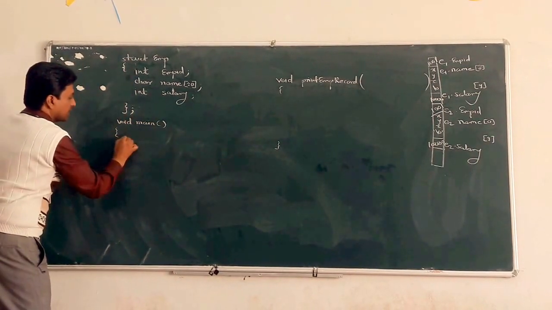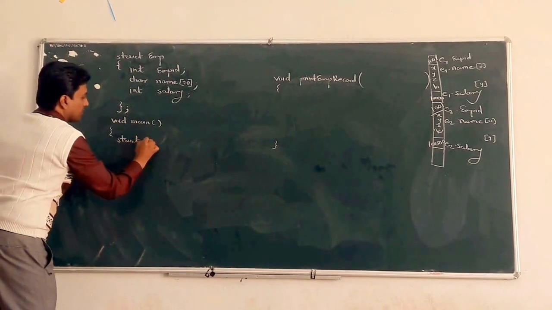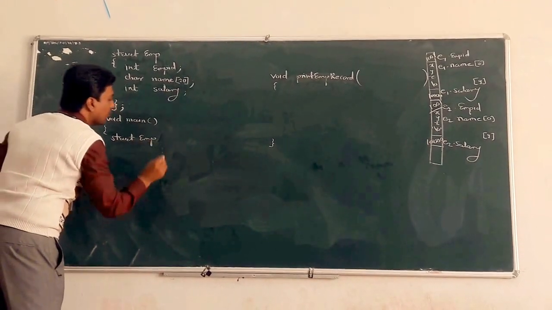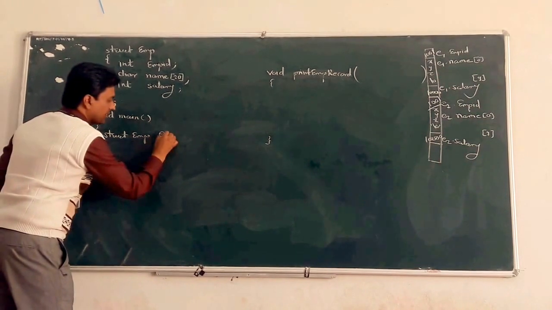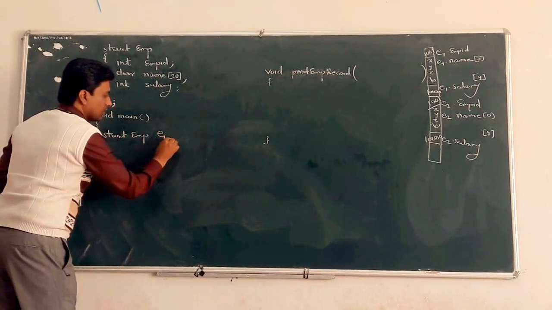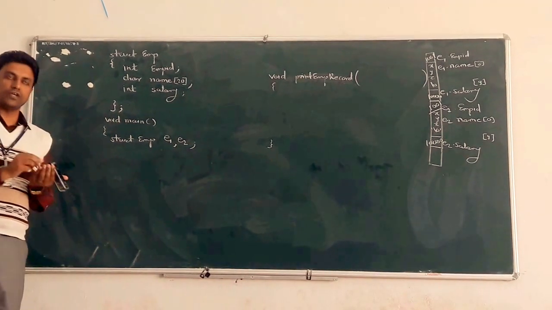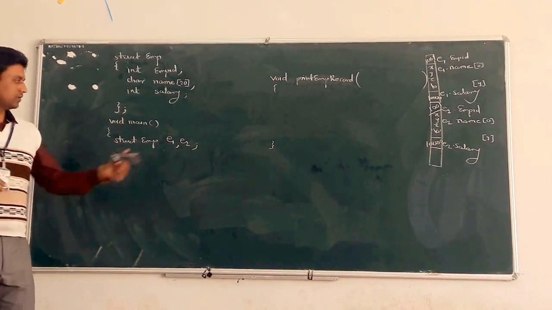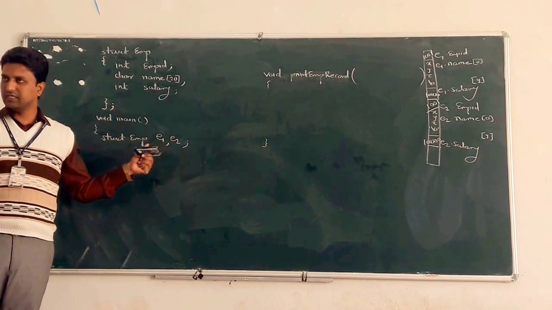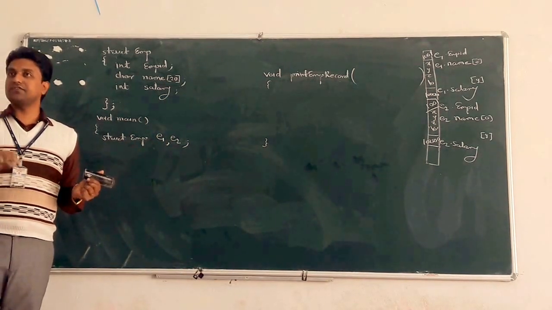Inside main, we can create structure variables: struct emp E1, E2. These are two employee records, or structure variables. Now we can assign in different ways, statically.